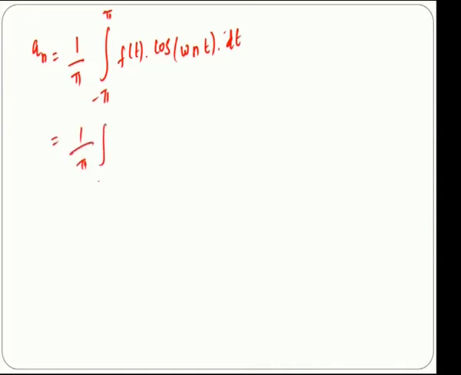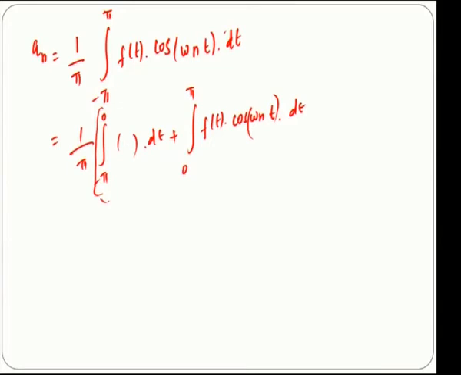Okay. So, we have calculated the a naught value. Now, we will find the a n value. A n is equal to 1 by pi integral of minus pi to pi f of t cos omega n t into dt, right. Now, we will substitute: 1 by pi integral minus pi to 0 of this value into dt, plus integral 0 to pi f of t into cos omega n t into dt, right.